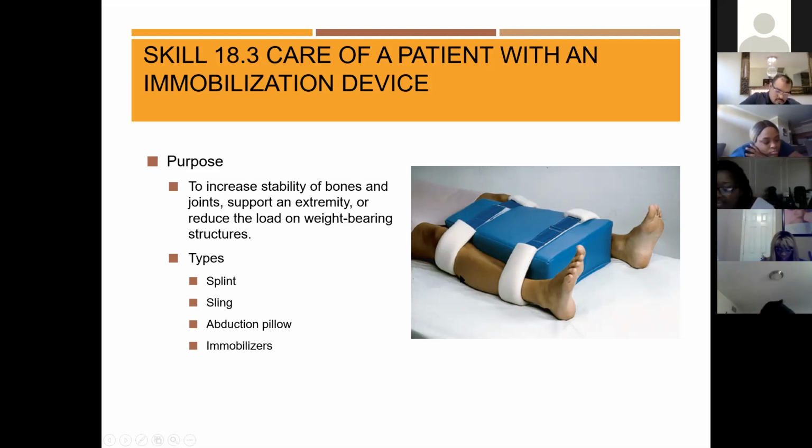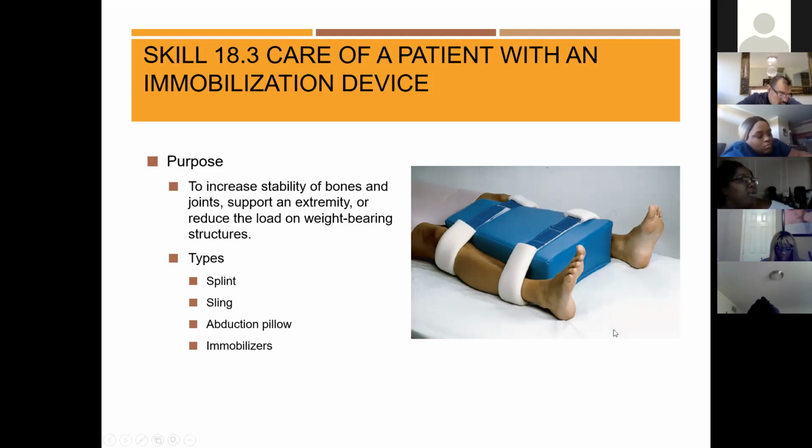So if you're abducting a body part, that means you're taking it away from the body. If you're adducting a body part, that means you're bringing it closer to you. So for this patient, this is an abduction pillow, and it keeps those legs apart because you want the hips to be in a certain alignment, like Ms. Jocks was just saying. You want to keep your legs apart.